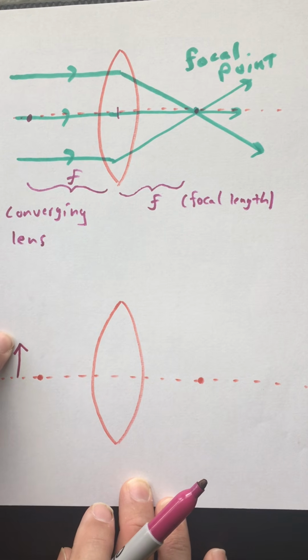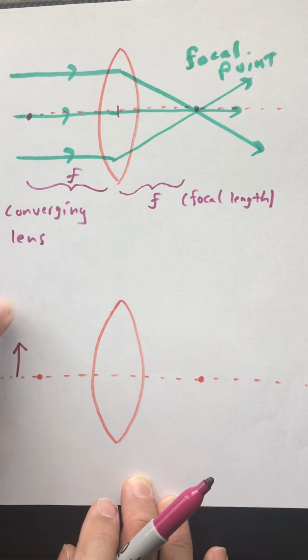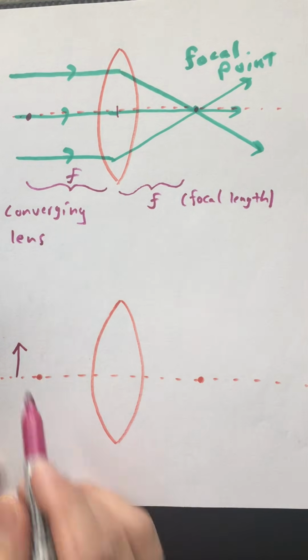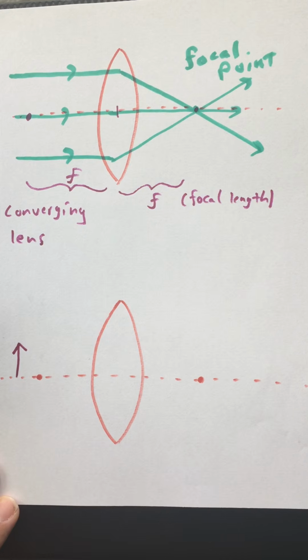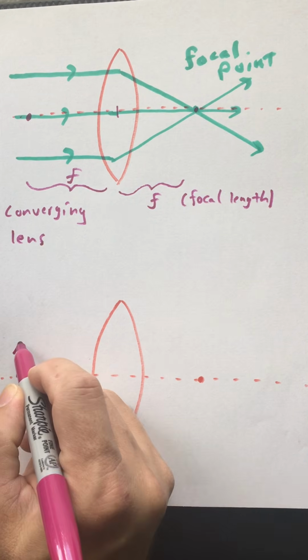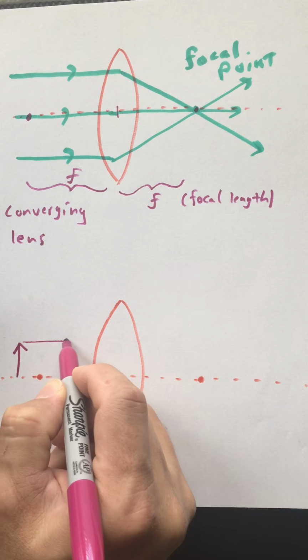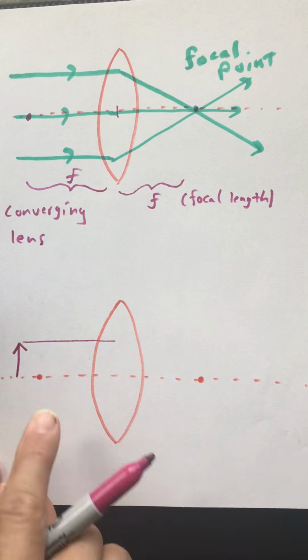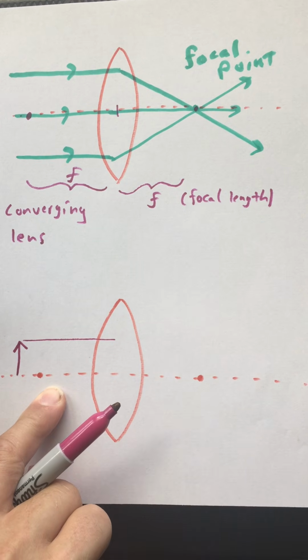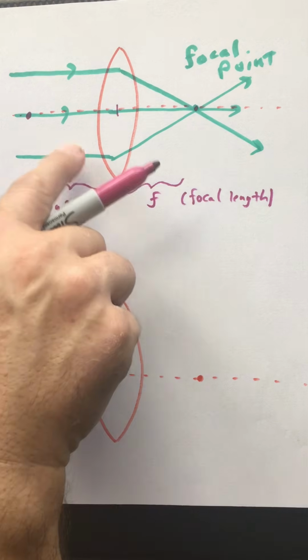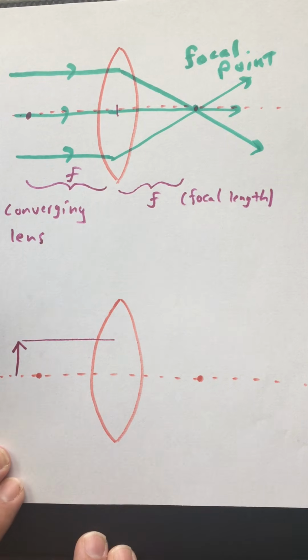I'm going to pick out the tip of the arrow and some light rays that are bouncing off of the arrow. And I'm not going to care about how they're coming in. I'm just going to care about how they're leaving. Specifically, I'm going to pick out a light ray that is propagating out from the arrow like this, that is parallel to this axis. Now, just from up here, I know what's going to happen to this light ray.